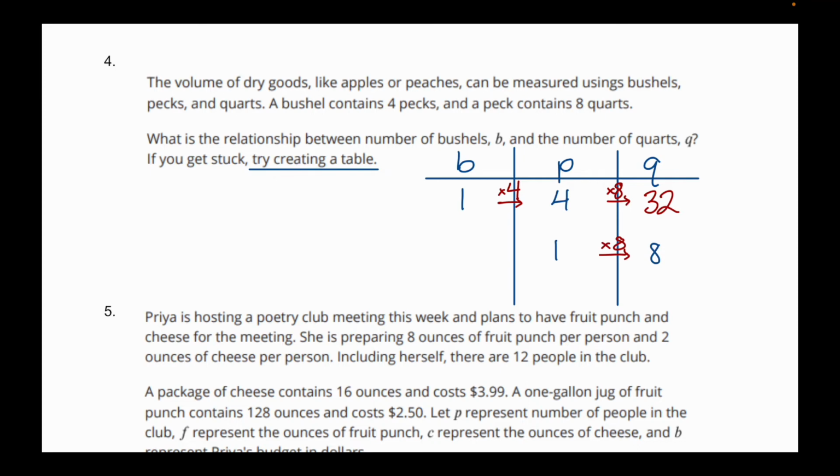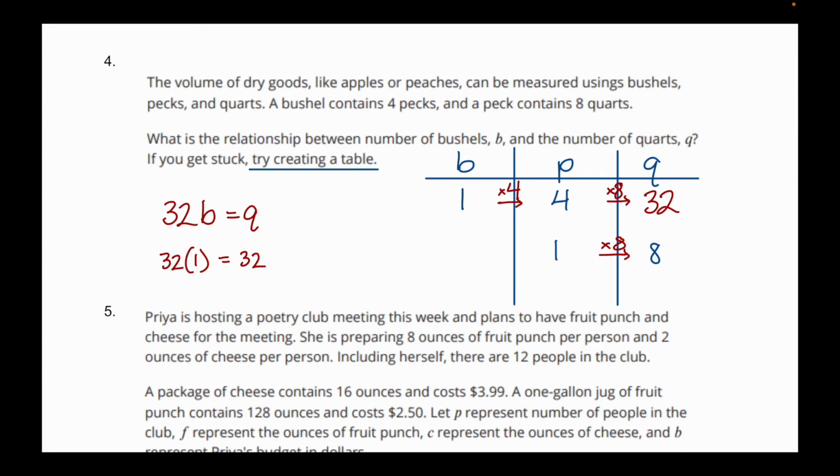But just like in the previous question, that 32 is going to get multiplied by the number of bushels to equal the number of quarts. Even though a quart is smaller in measurement, there are a larger amount of them. If we checked it here, we would have 32 for the 1 bushel is going to equal 32 in terms of quarts when we plug it in for that top row.